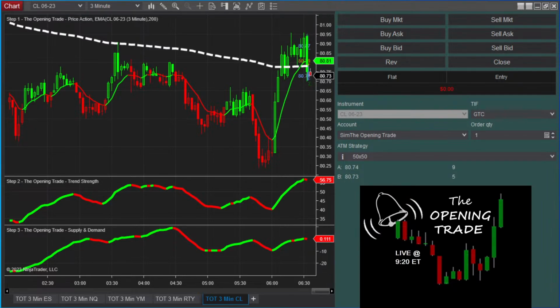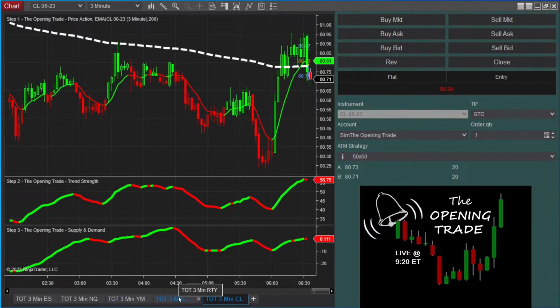The first candle has closed since the New York market has opened in crude oil. We're very close to the 200 period EMA, and going off of the three-step manual trading, I don't have an indicator to make a trade at this time, which is fine.